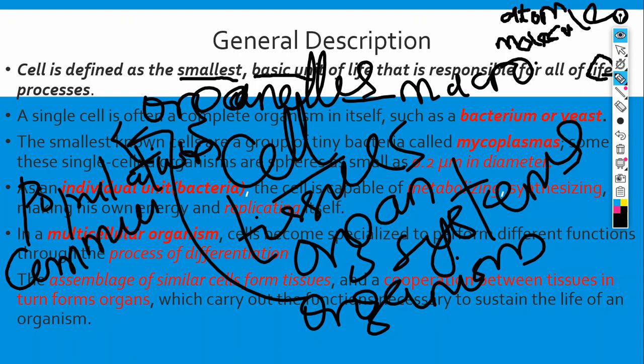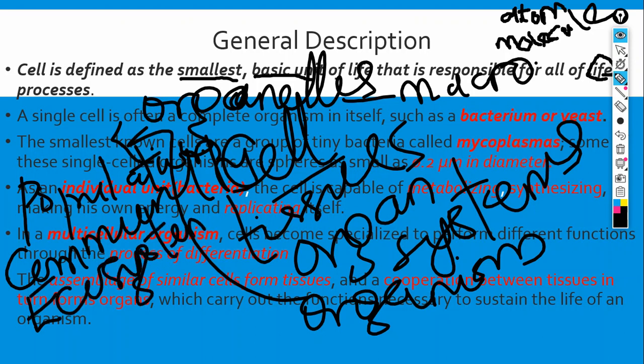A community is essentially different species of organisms that live together in a particular environment. When these organisms interact with their environment, they form the ecosystem. An ecosystem is an interacting community of different populations.